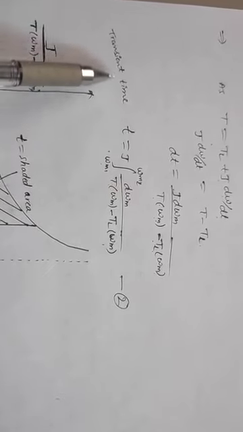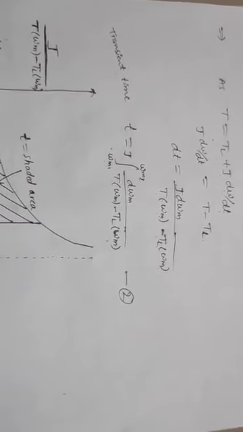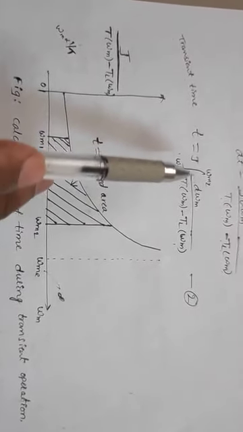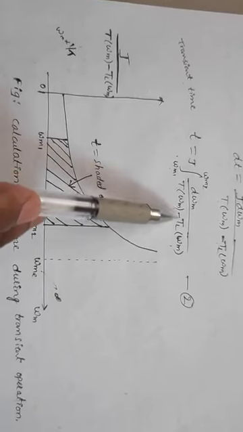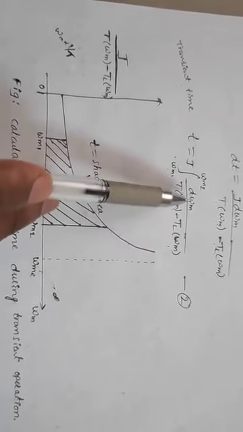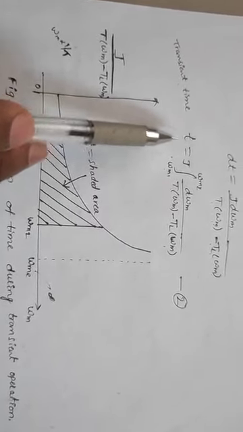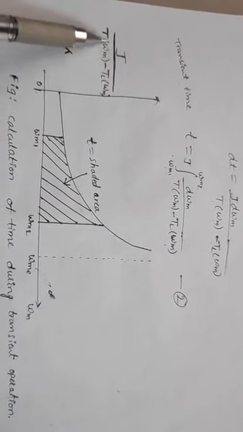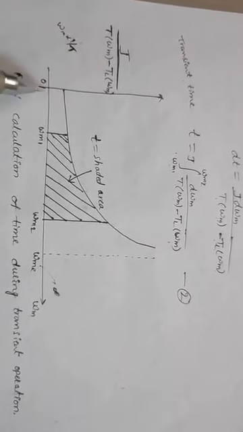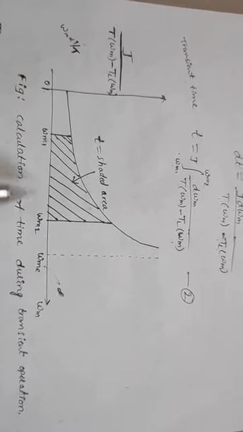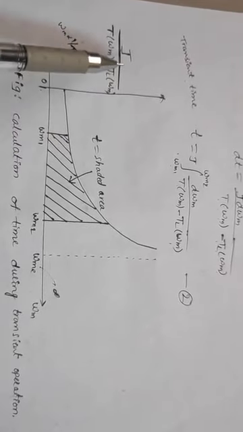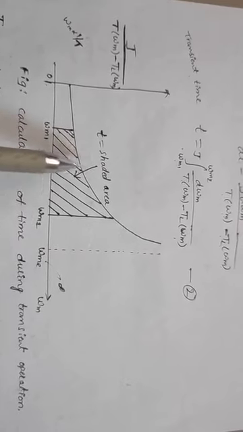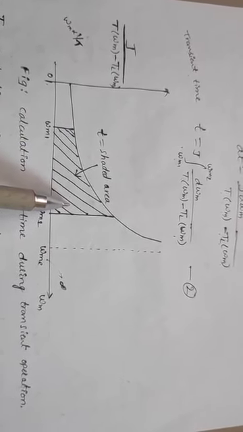This is the equation to find the transient time. Graphically, we can represent this by considering J by T of omega m minus TL of omega m on the y-axis and speed on the x-axis. The area covered under the curve, the shaded area, is the transient time.